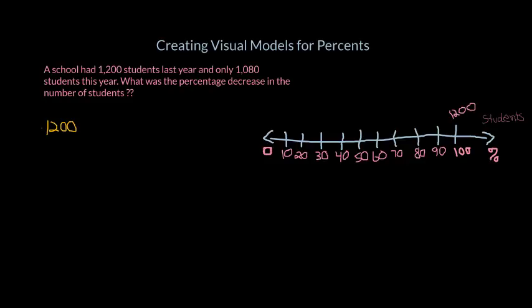So we know that 1,200 equals about 100% of the students that were at school last year.